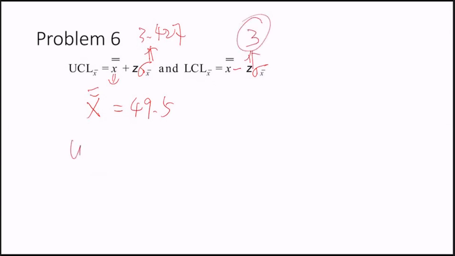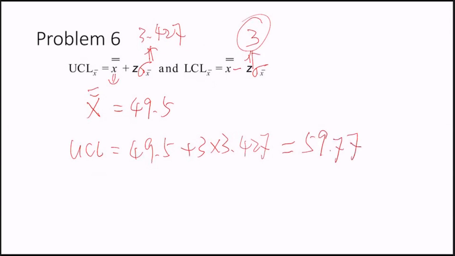So the upper control limit equals 49.5 plus 3 times 3.427. It should be 59.779.